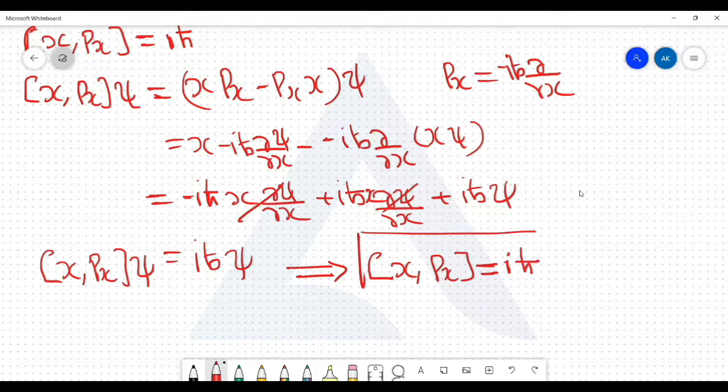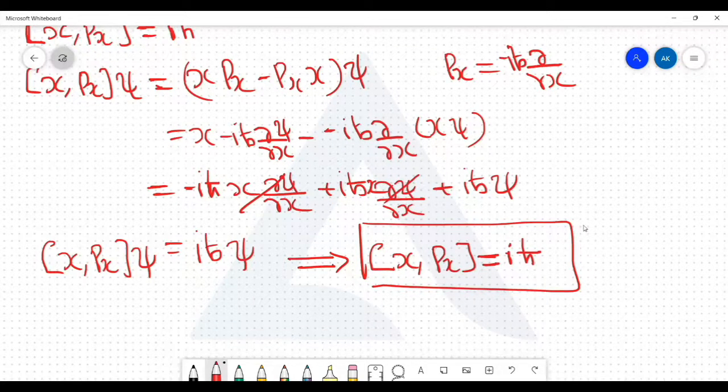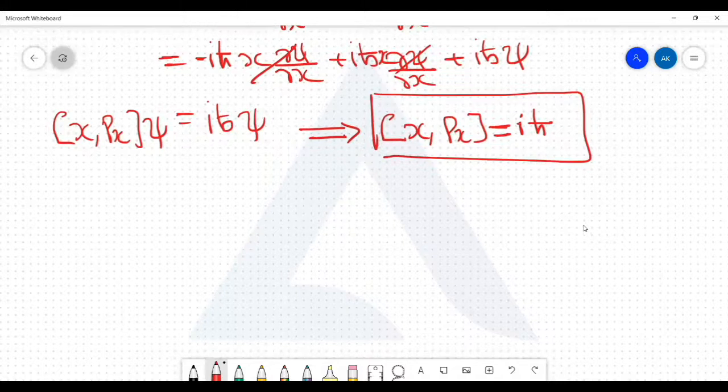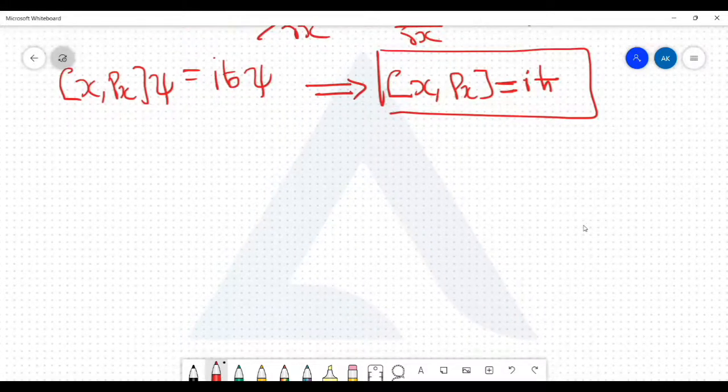This is the standard result. Position and its canonical momentum do not commute. It is not 0, which means x and px cannot be measured simultaneously.